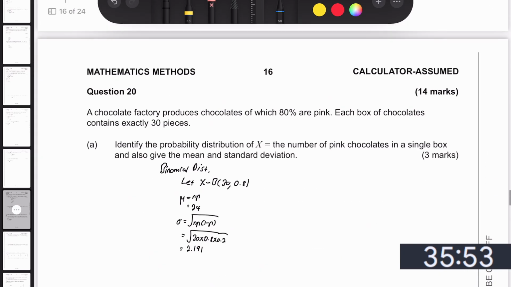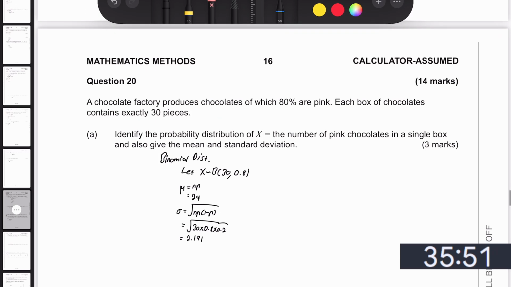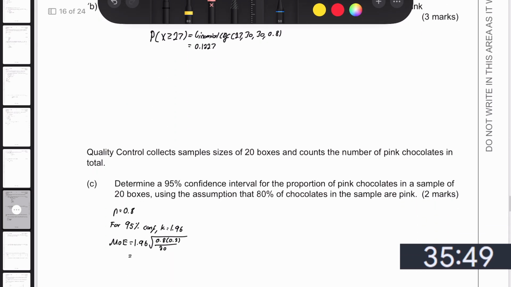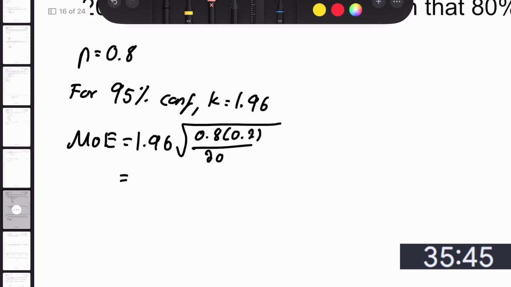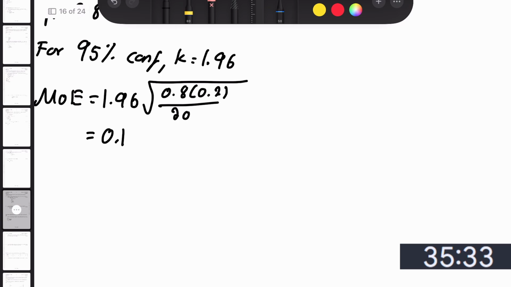Boxes. Each box of chocolate contains 30 pieces. I think I'm doing good. I'm going to put that on my calculator: 0.8 times 0.2 divided by 20 is 0.1753.